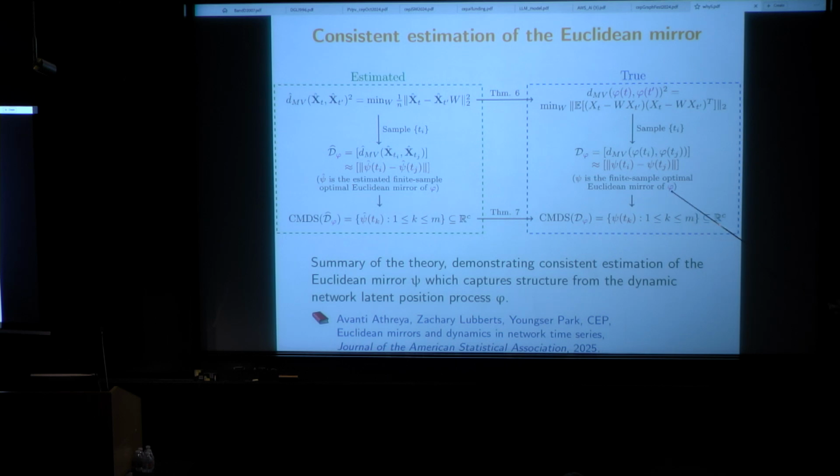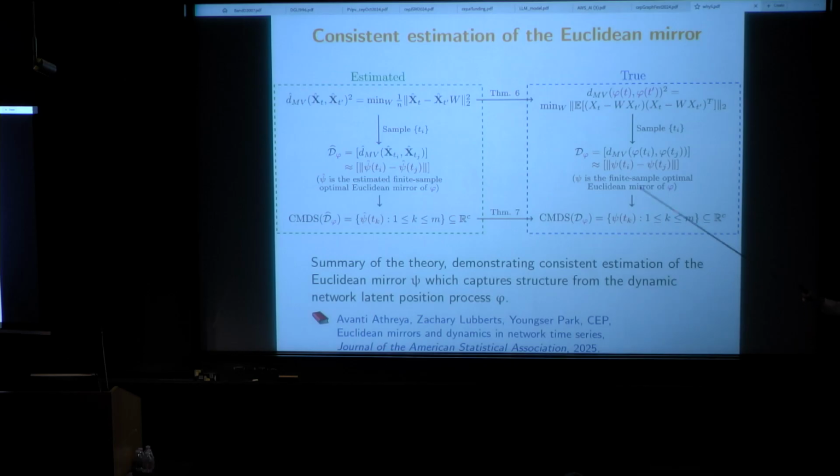So psi is the mirror of phi. Phi is the latent position process. Psi is the finite sample thing that's trying to be like that. And I build that into this distance matrix. And the distances between i and j of the phi look like the distances between i and j of the psi, the mirror.